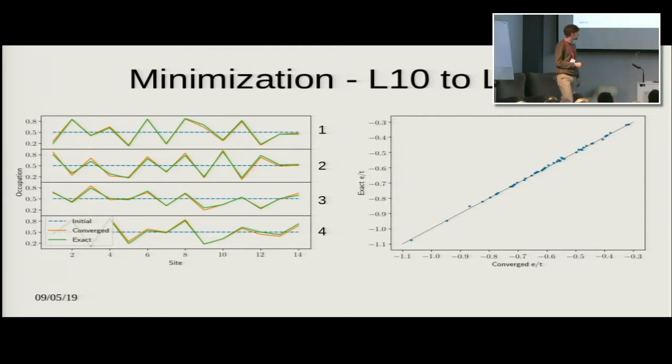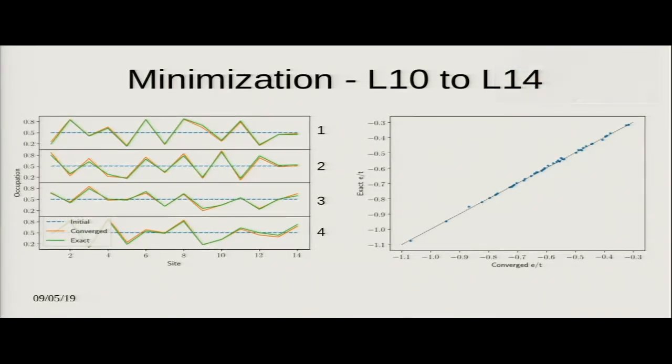So this is what the results look like. We took 50 samples for 14 sites. We started with the on-site energies, and then we used the universal function from 10 sites. These are the first 4 samples. On the x-axis is the site, the y-axis is the occupations, and the dashed blue line is our starting site occupations, so it's homogeneous.